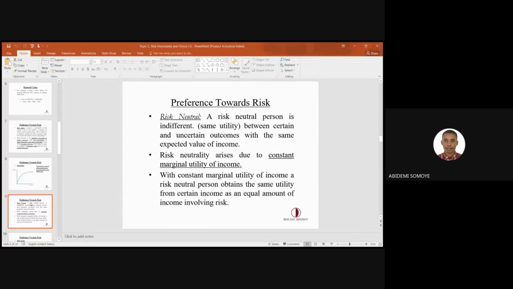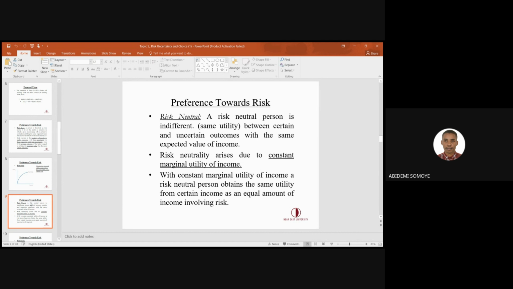He can decide to take the risk and he can decide not to take the risk. Okay, he's going to have like the same utility. If he takes the risk of investing $10,000 and he makes, let's assume, $5,000, he will be as satisfied as if he doesn't take the risk and doesn't make $5,000.